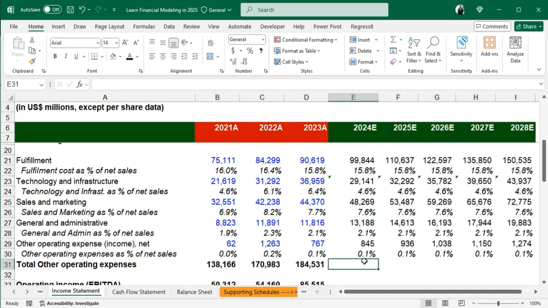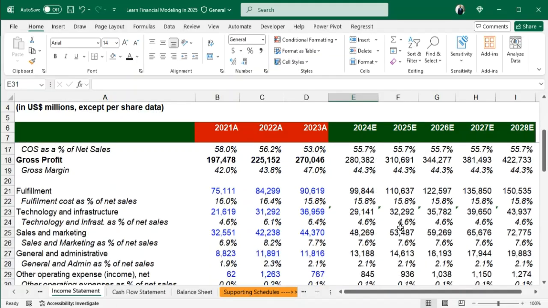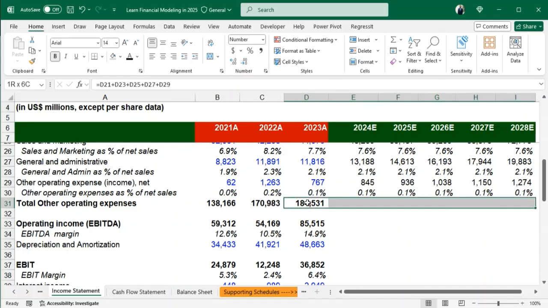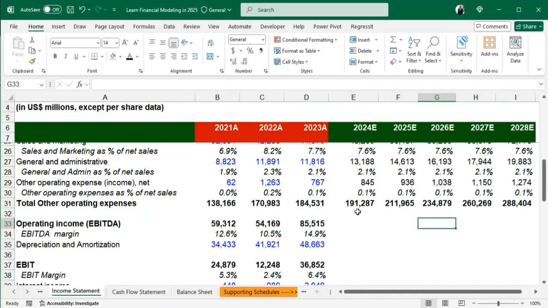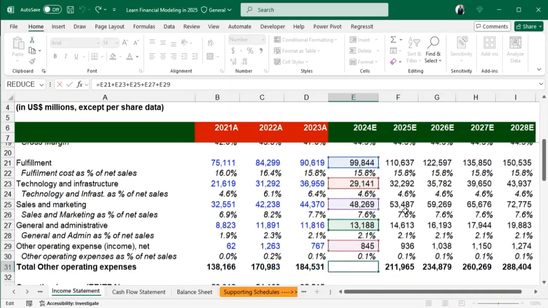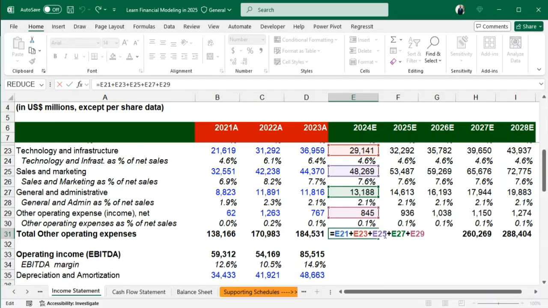All right, so with this, we can calculate our total other operating expenses by copying the formula from here. So I can copy the formula from there using Control R. Okay, so let's see if the formula is working properly. All right, so our formula works properly.